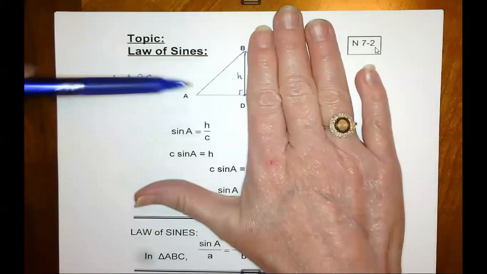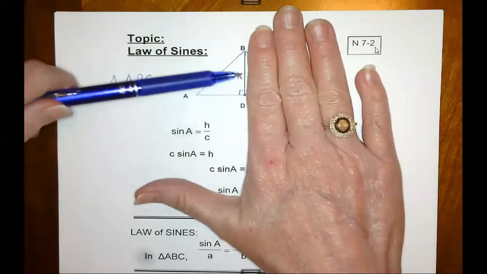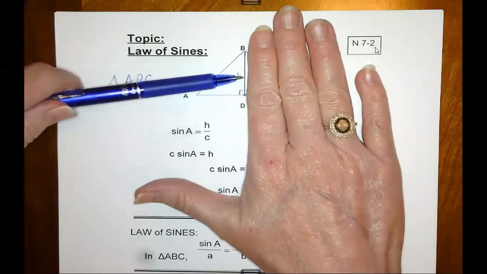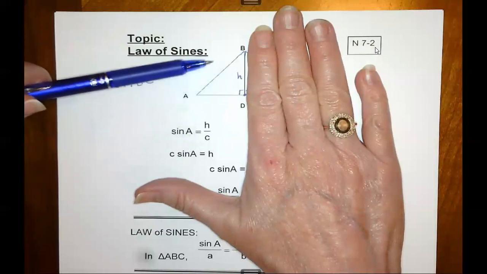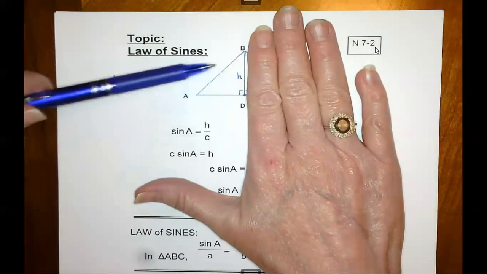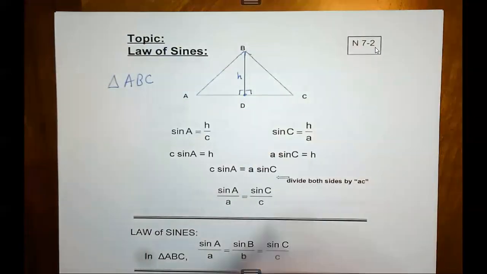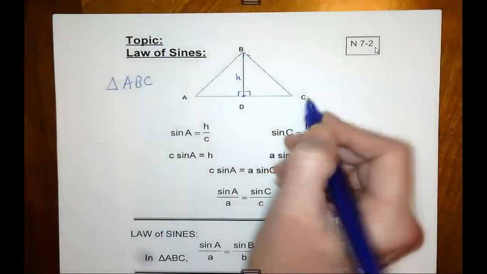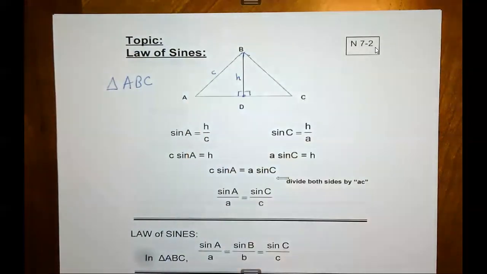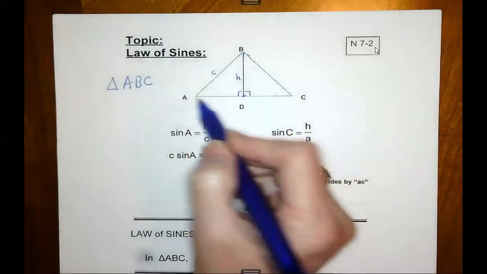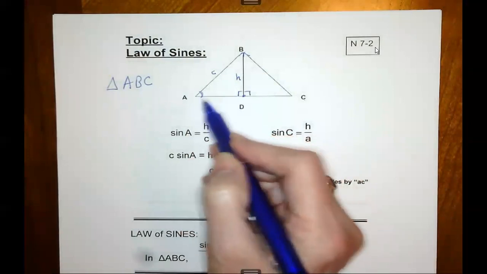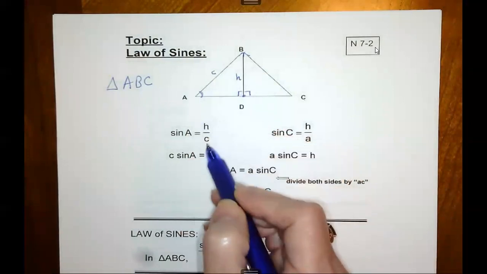And so the sine of angle A would be the opposite side over the hypotenuse, which is this side. Opposite over hypotenuse. Now, if this is angle C, then this is side c. So the sine of angle A is equivalent to h over c.